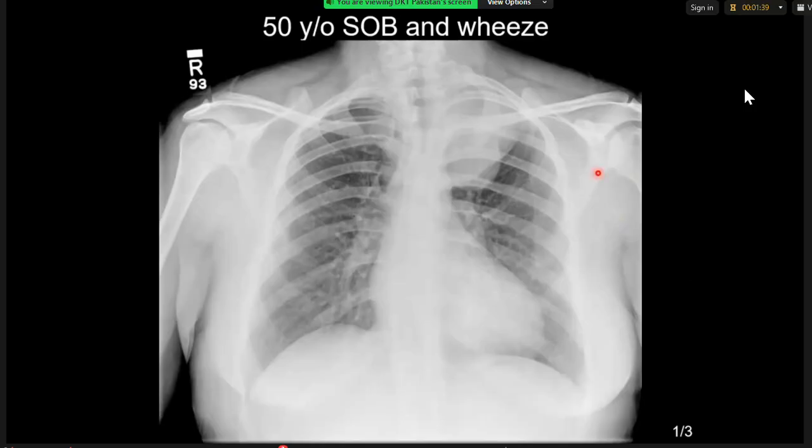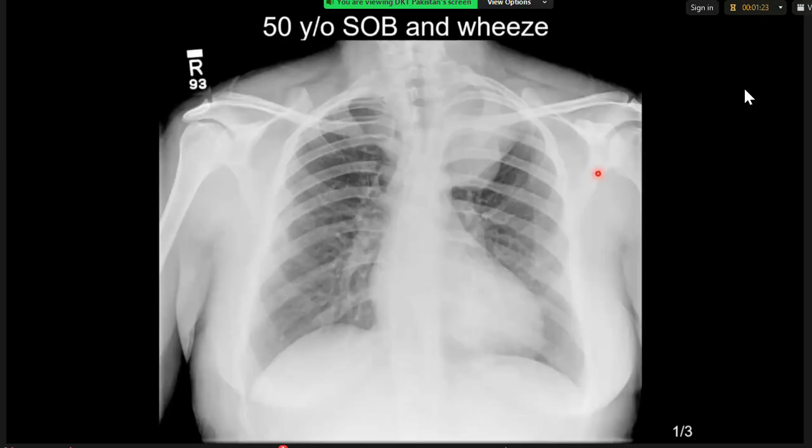It continues into the thoracic outlet, which intimates that this is of posterior mediastinal origin, and when comparing the two sides, there is widening or splaying of the rib.